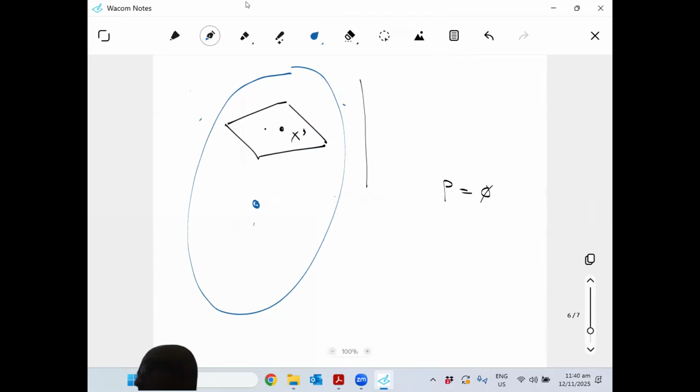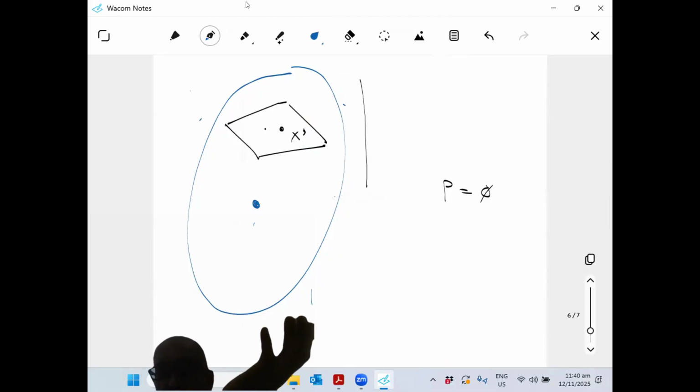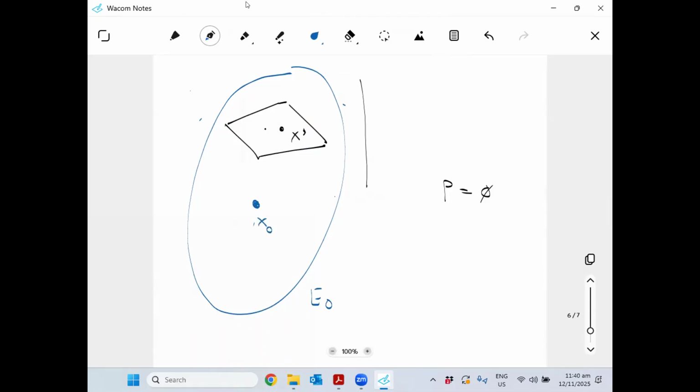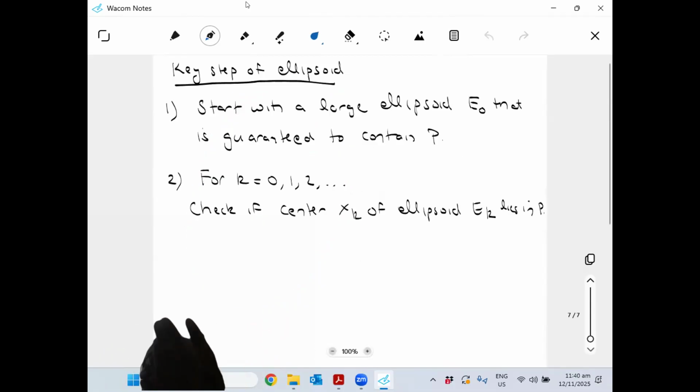This is not in the set. So it's a very large ellipsoid which contains the set. I don't know if the center lies in the set or not. So I will test. If this is E naught, I test for x naught. Does it lie in the set or no? Either it's going to be yes or no, the answer.